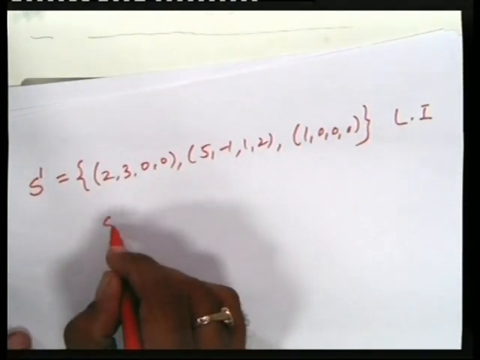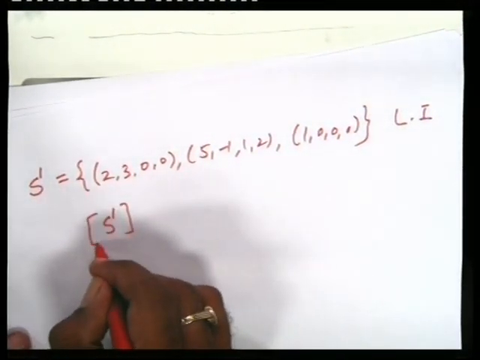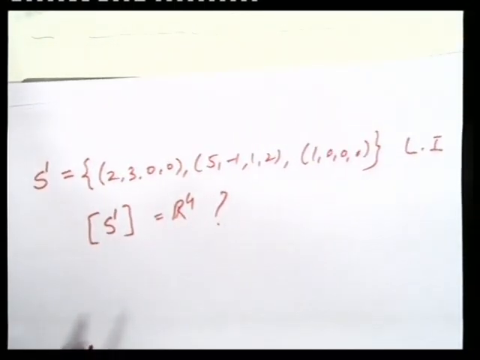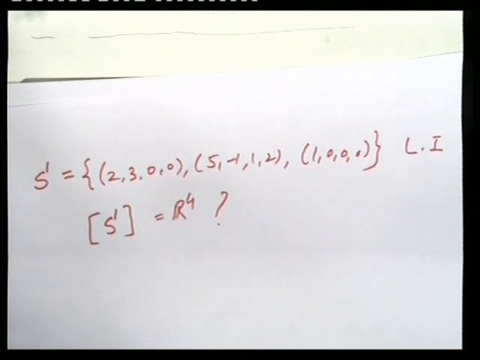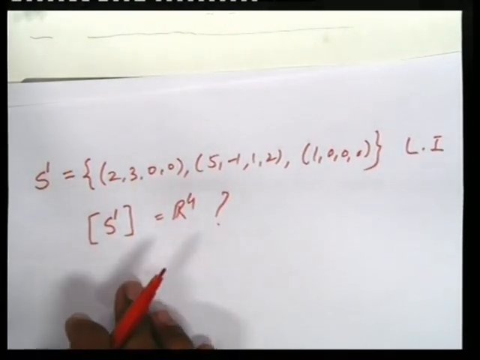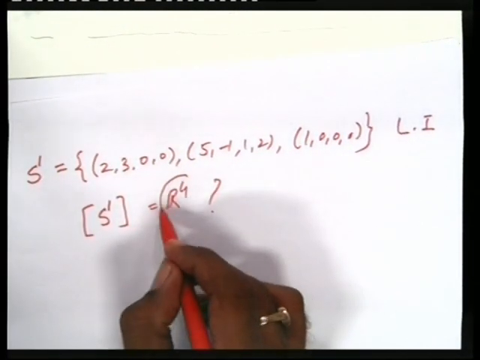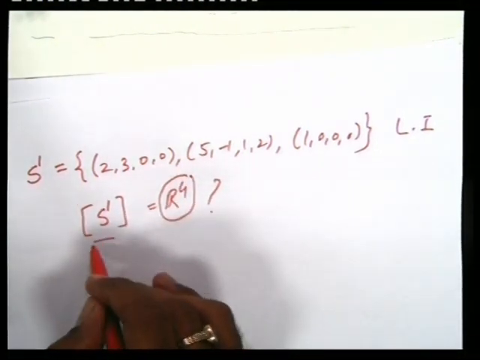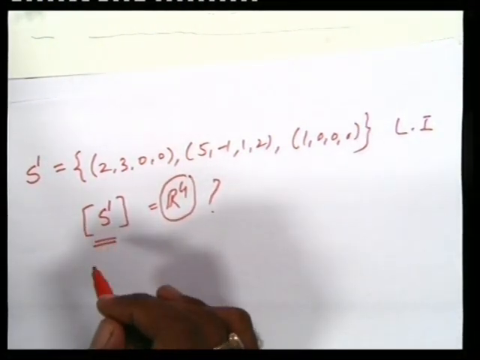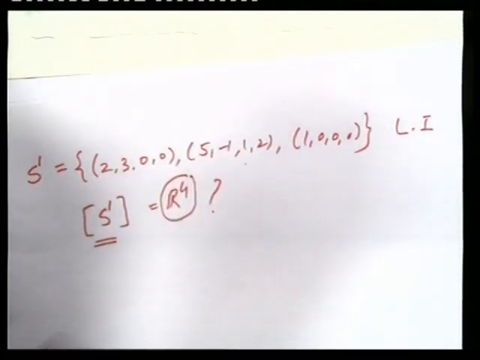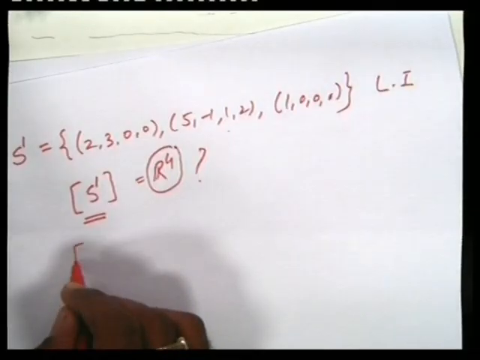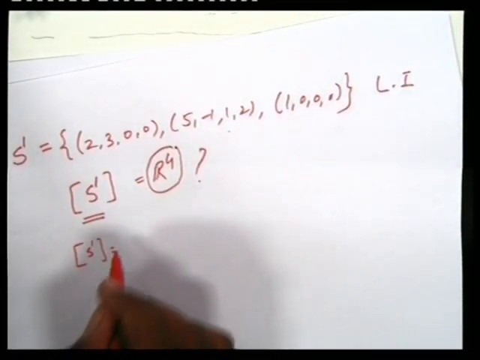Again the question is, is the span of S dash equal to R4? If yes, then this will be a basis. If not, then if we can find any vector in R4 which is not in the span of S dash, we can add that vector and check that the set is linearly independent.